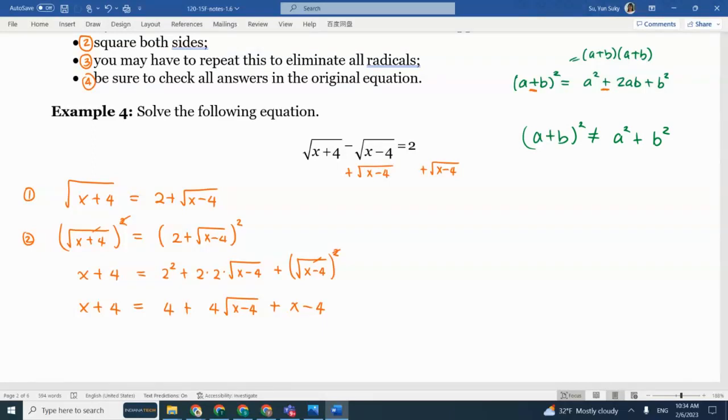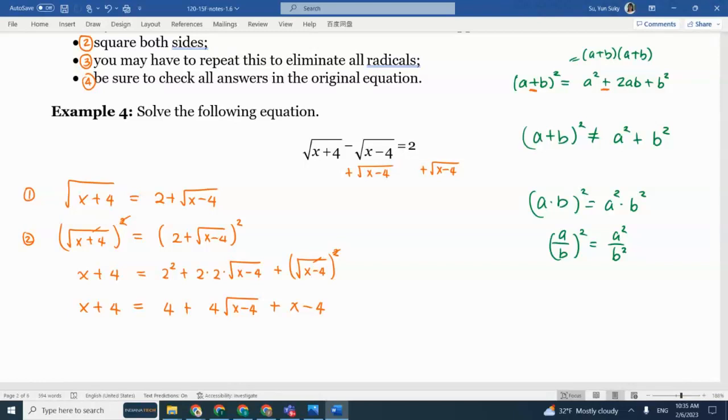If you have a sum, you cannot distribute the power. If you have a product like a times b, yeah, you can distribute the power. You get a squared times b squared. Or if you have a over b, you can distribute the power. But if you have a sum, you cannot just distribute the power. Remember we said a plus b cannot be factored.